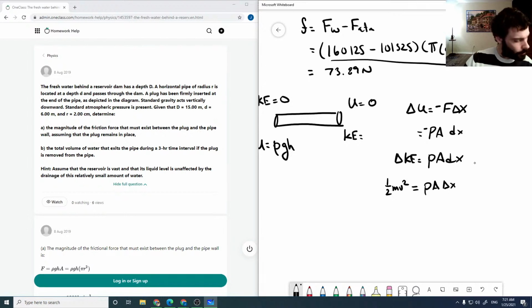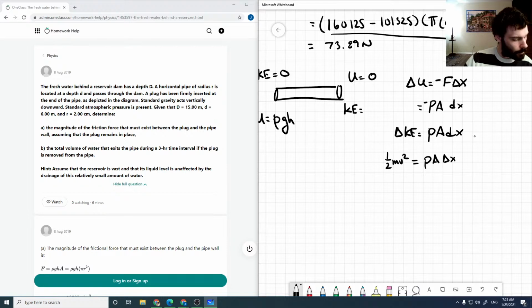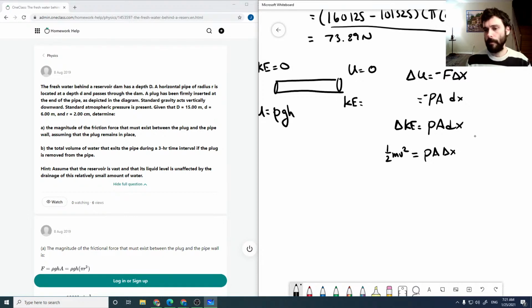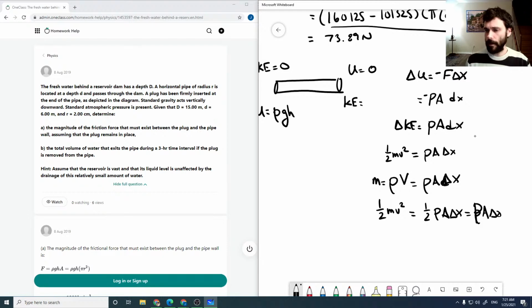So then if we call our mass our density times our volume, which is our density times our area times our delta x, then we can see that 1/2 mv squared is just equal to 1/2 density area delta x v squared, and that's equal to pressure area delta x.